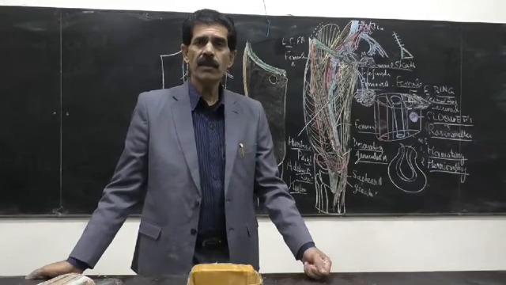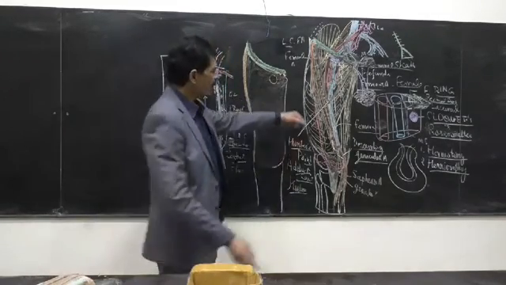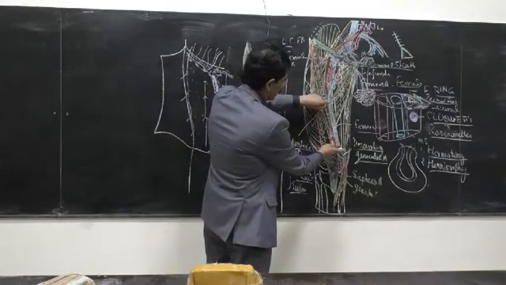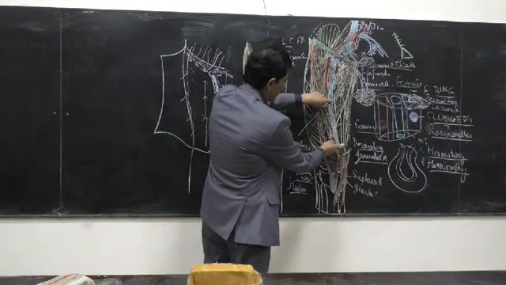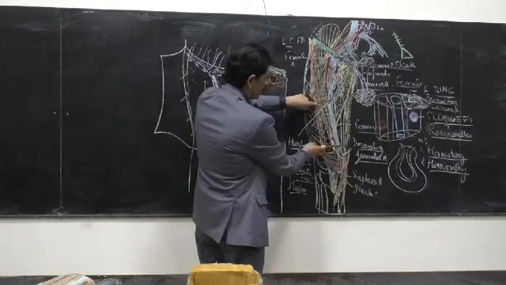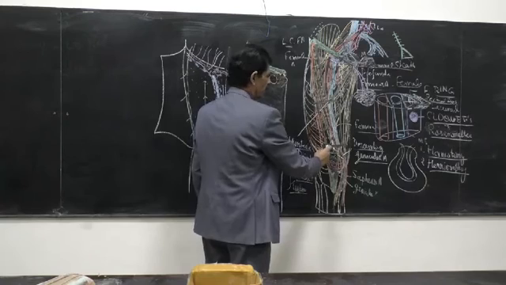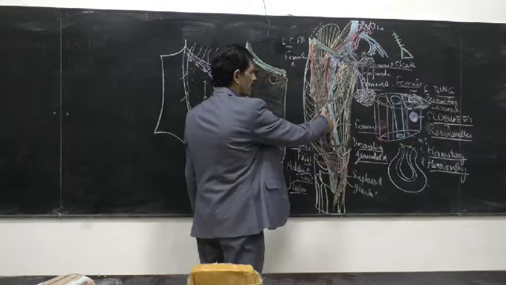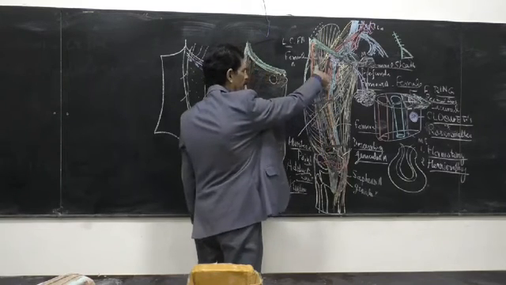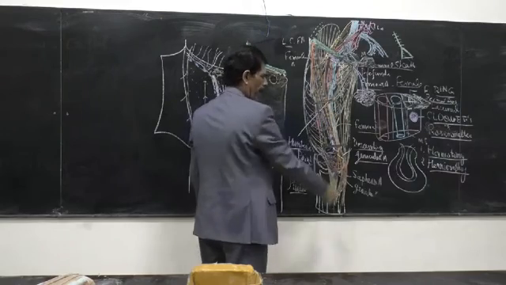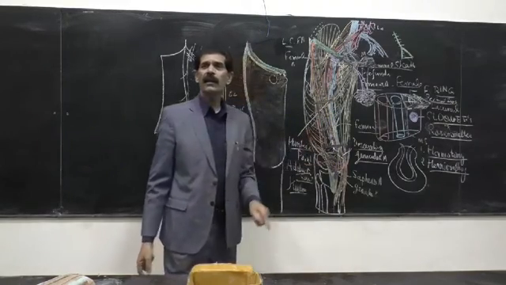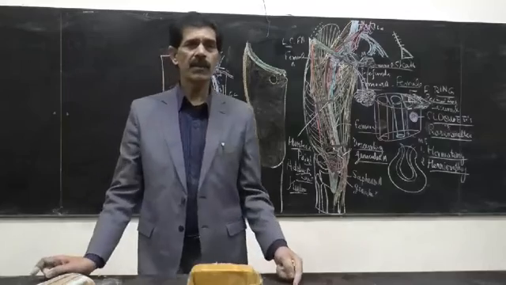Where does it lie? Just in the middle third of the medial part of the thigh here. So this area is called the adductor canal. The thigh is divided into upper third, middle third, and lower third. So in the middle third lies the adductor canal. So it is an intermuscular space.